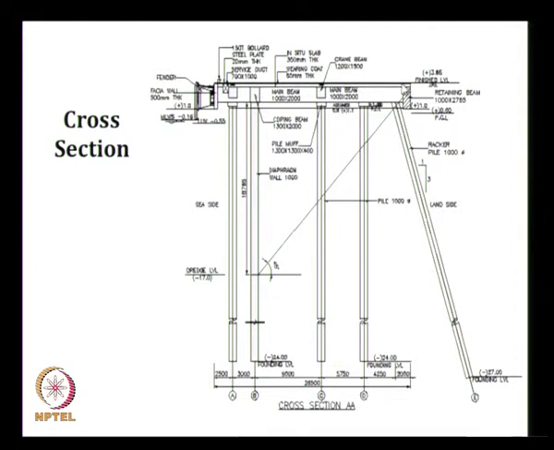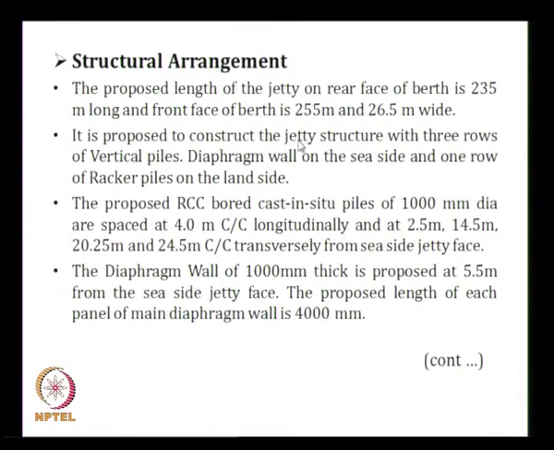The top level of the deck is kept as 3.85, and we provide weep holes in the diaphragm wall so that the water drains through this. Jetty length is 255 meter on the front side. On the rear side, because of some additional structures on either side, the length is 235, the width is 26.5 meters.